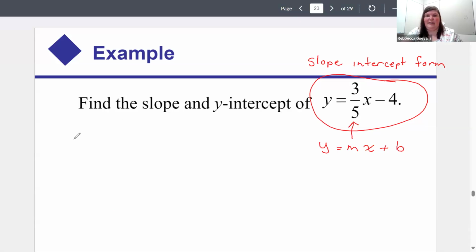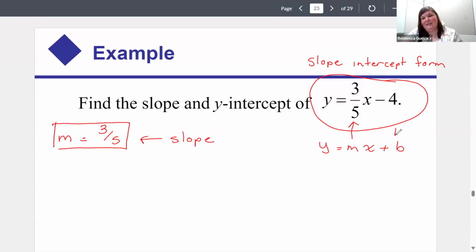This tells me that this is my m, that's on the x, so my slope is going to be 3/5. And then my intercept, this is slope. So we know what I'm finding here, and this is going to match up with this.